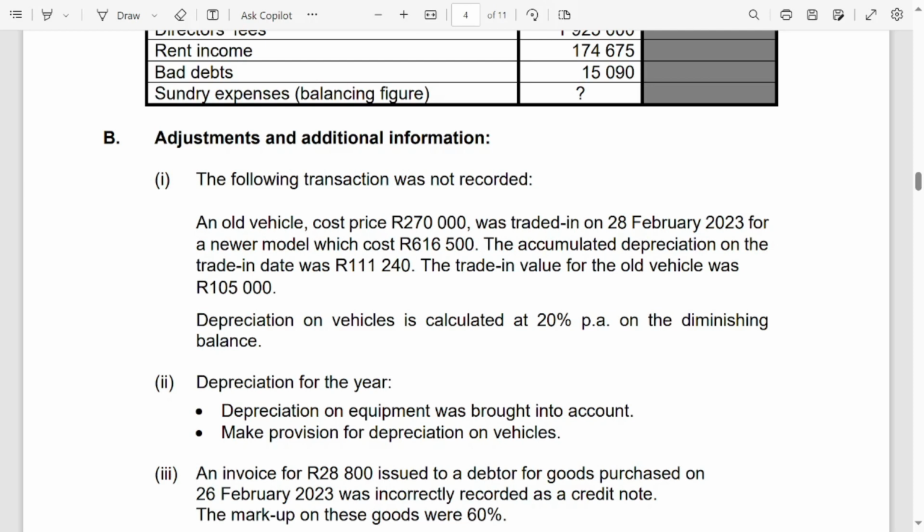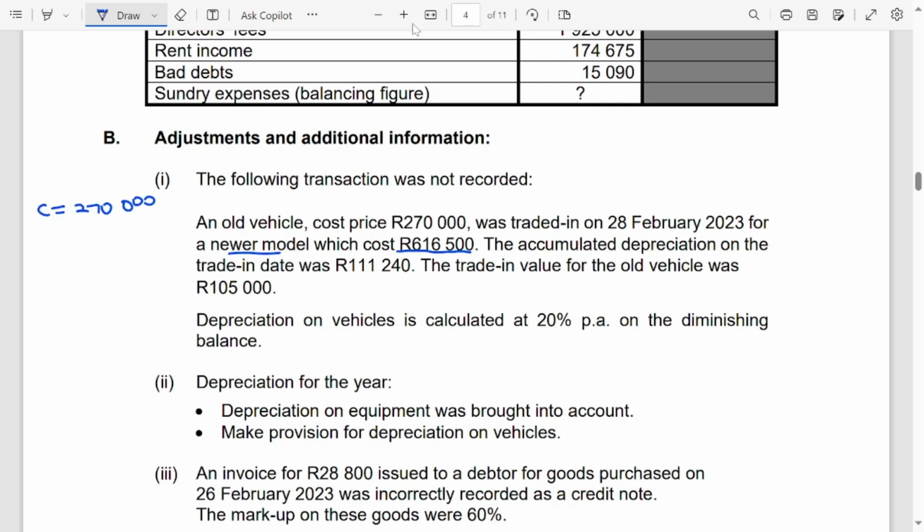An old vehicle with a cost of 270,000 was traded in on 28 February 2023 for a newer model which cost 616,500.